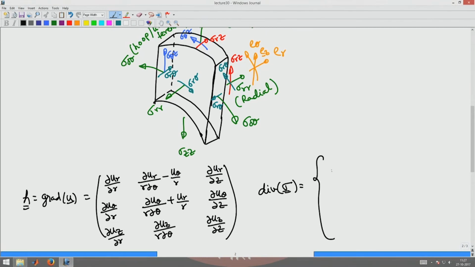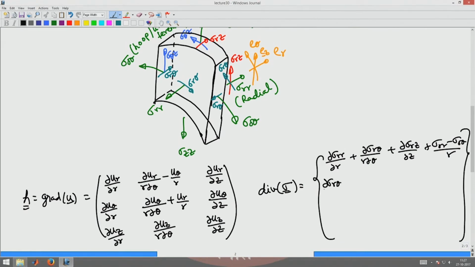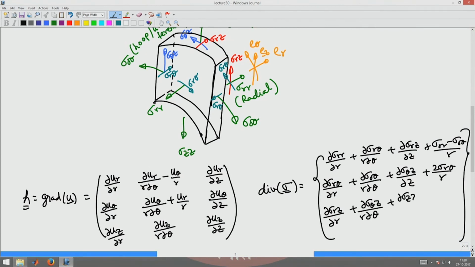Similarly, the divergence of sigma in cylindrical polar coordinates is dou sigma r r by dou r plus dou sigma r theta by r dou theta plus dou sigma r z by dou z plus sigma r r minus sigma theta theta by r; dou sigma r theta by dou r plus dou sigma theta theta by r dou theta plus dou sigma theta z by dou z plus 2 times sigma r theta by r; dou sigma r z by dou r plus dou sigma theta z by r dou theta plus dou sigma z z by dou z plus sigma r z by r.